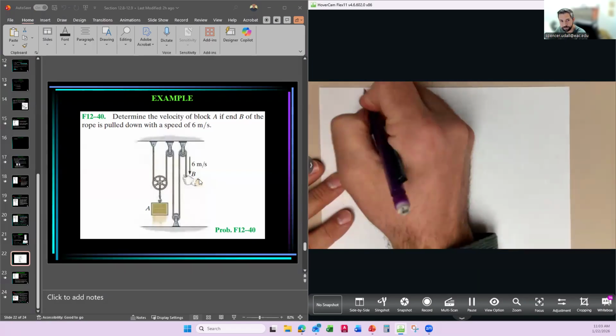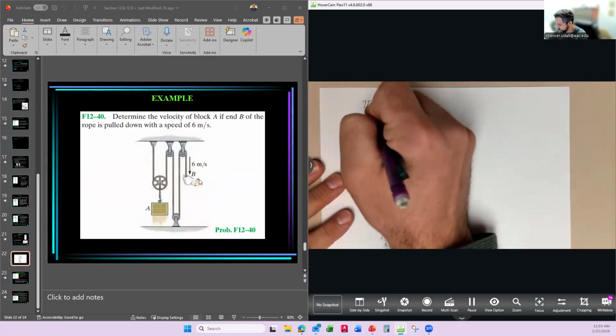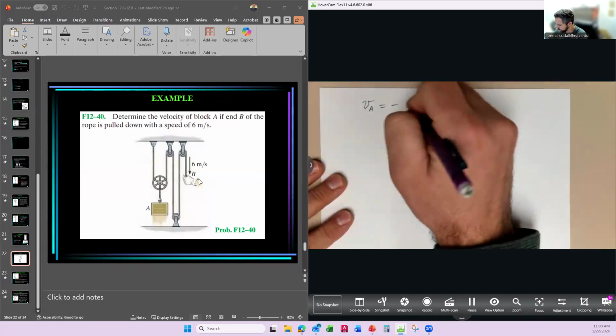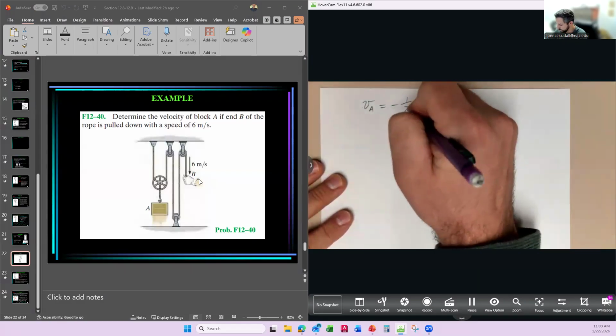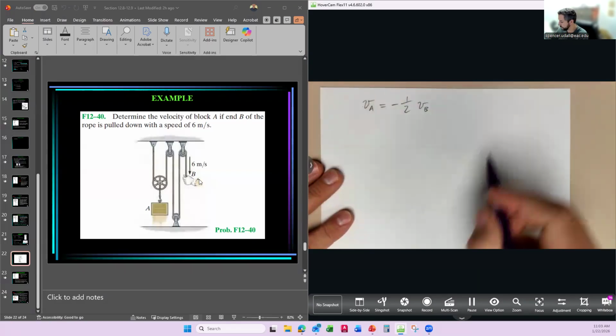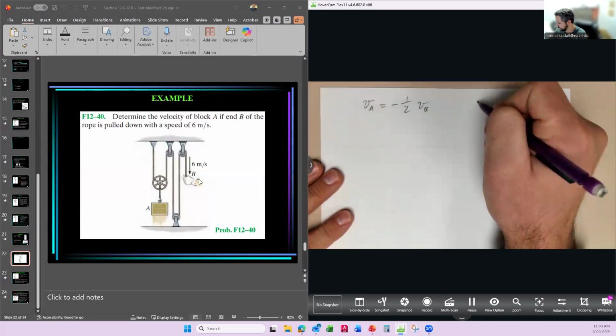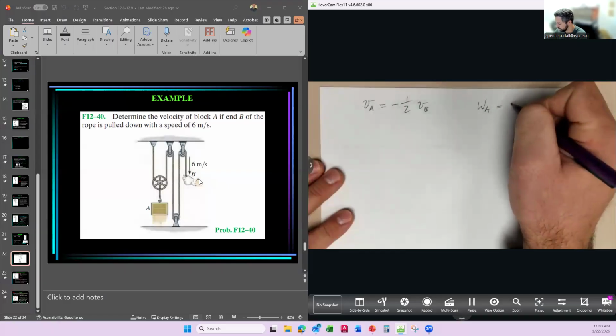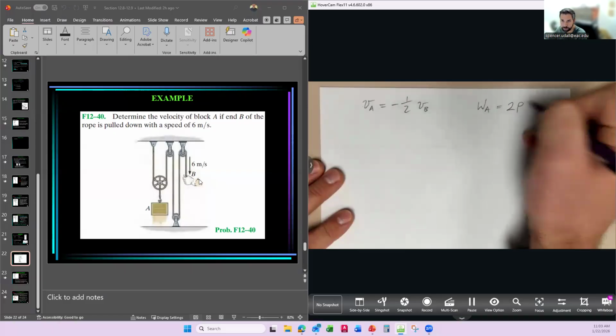But our relationship is then that the velocity of A is the opposite direction, so we'll give it a negative sign, of half of the velocity of B, right? And we got that because we could have said that the weight of A is twice what you have to pull with, 2P, right?